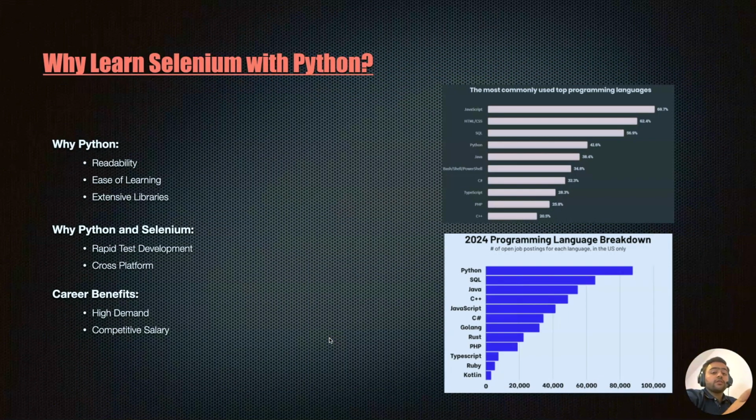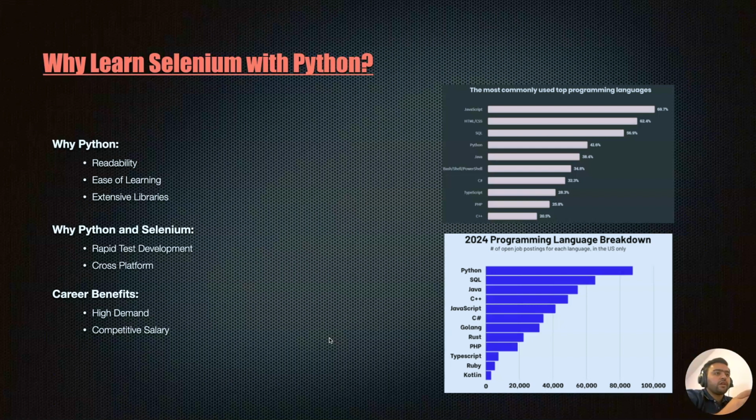So you might ask, if Selenium is versatile, why didn't we use any other programming language except Python? So we are using Python because it's easier to understand. Even if you are a non-programmer or a manual tester with no experience of coding, you can easily adapt to Python.